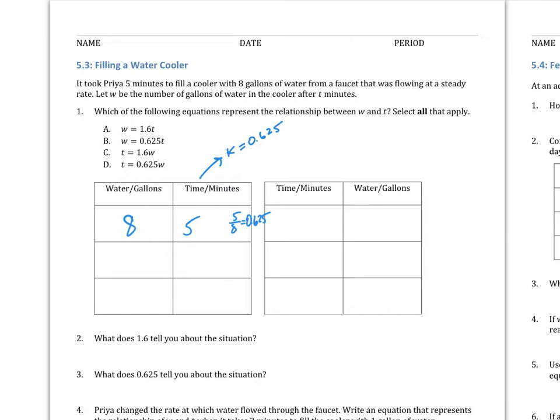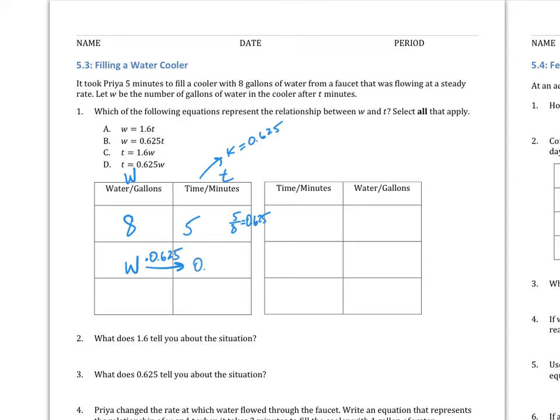Now, to write my equation, it helps to have an entry with a variable. W is representing the water and T is representing time. So I'm going to add an entry for W in the W column. I know that I am going to multiply this by 0.625.